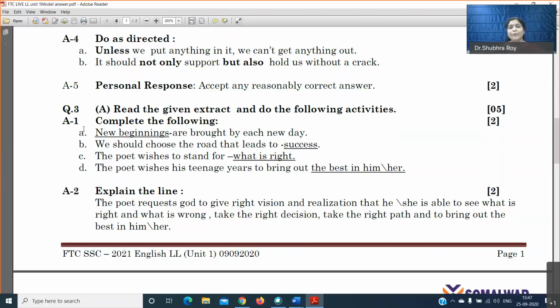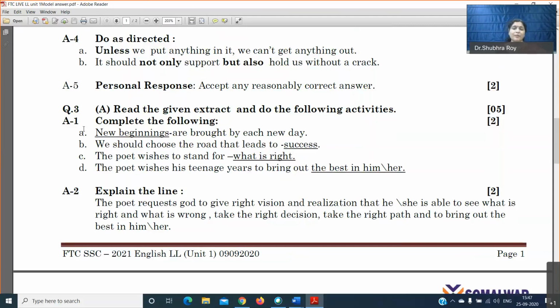You can say, the poet requests God, with a capital G, here it has come small, to give right vision and realization that he is able to see what is right and what is wrong. Full stop. She wants God to help her to take the right decision. She wants to take the right path, but she wants God to be along with her. And she also wants God to bring about the best in him or her, and therefore she prays. Okay? So you have to take it sentence-wise.